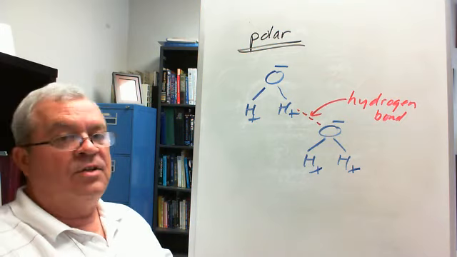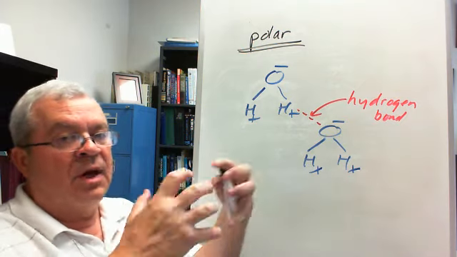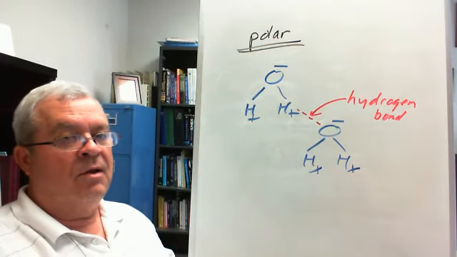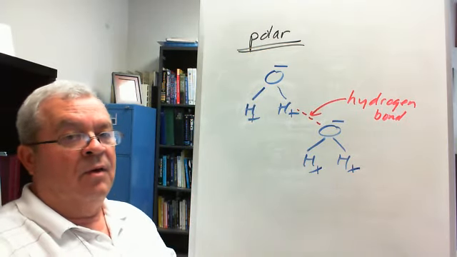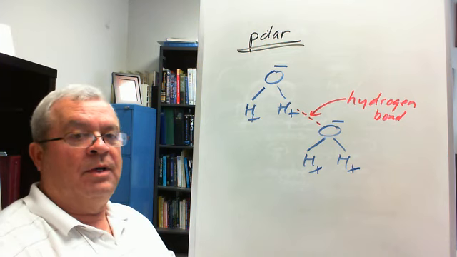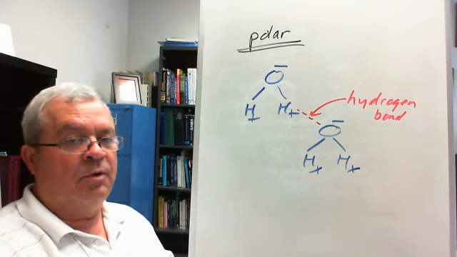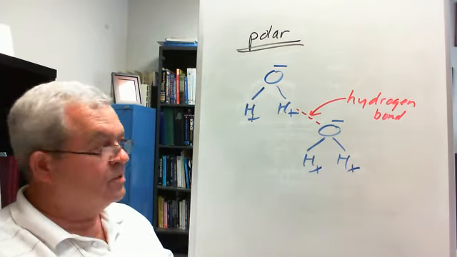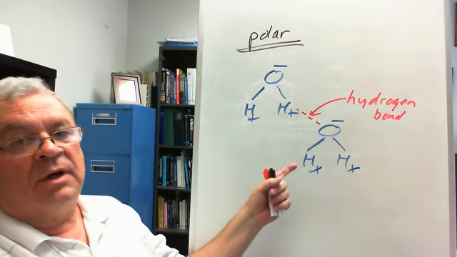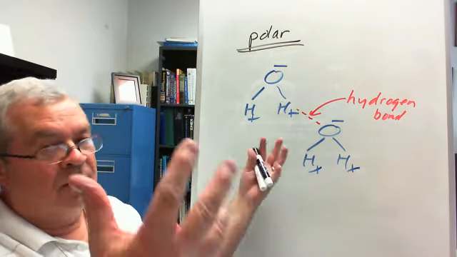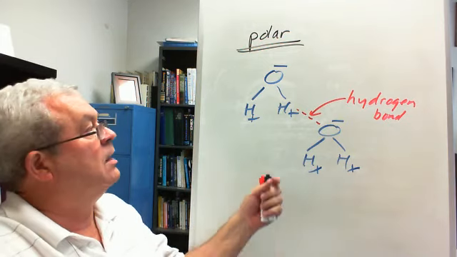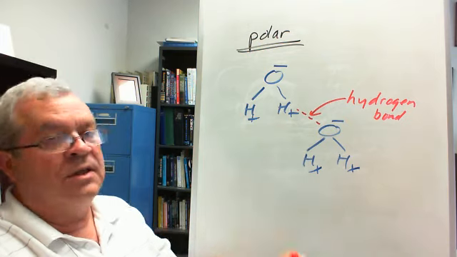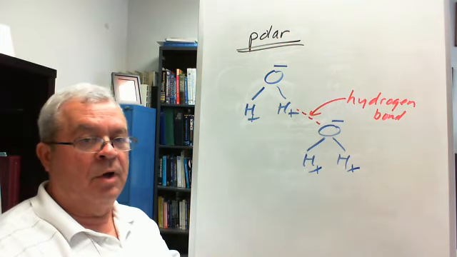And so as a result of these hydrogen bonds holding the molecules together in the state that we call water, H2O is a liquid at the temperatures we normally operate in. Is it important for life on Earth that water be a liquid? Yes, it is. And so, again, what causes that to be something we take totally, utterly for granted? It's the polarity of the water molecules and the resulting hydrogen bond between water molecules.